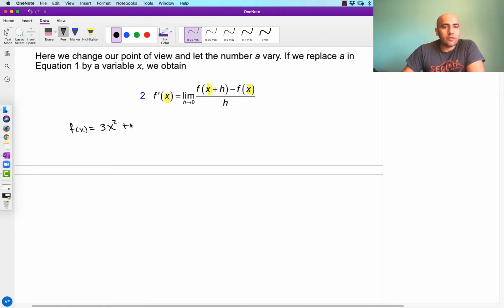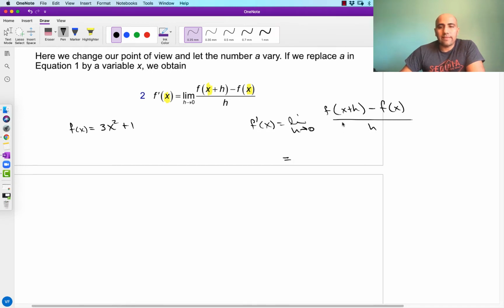As a quick example, let's say f of x is defined to be 3x squared plus 1. If we take the derivative of this, so let's find f prime of x, we know that this is, by definition, equal to the limit as h goes to 0 of f of x plus h minus f of x all over h.